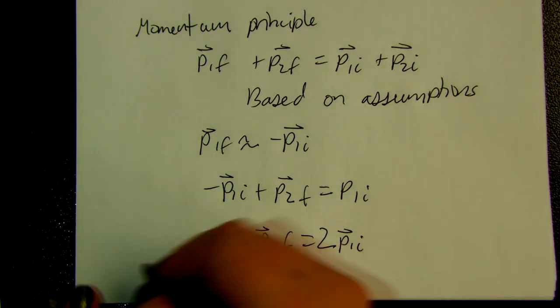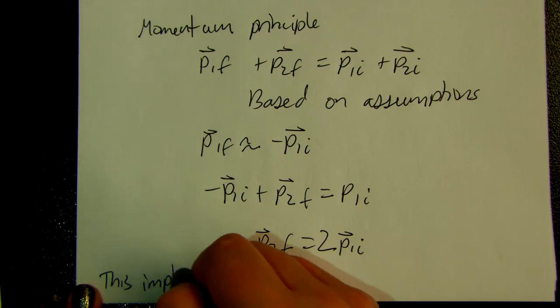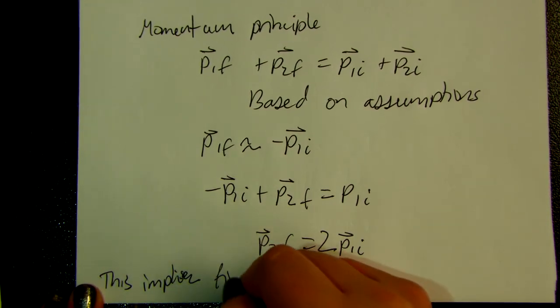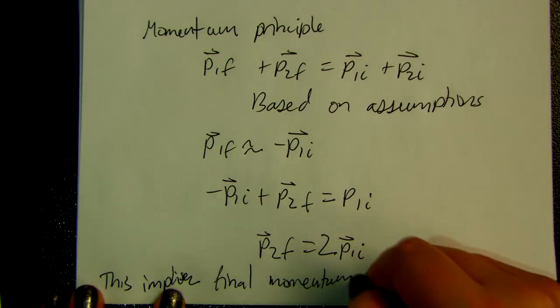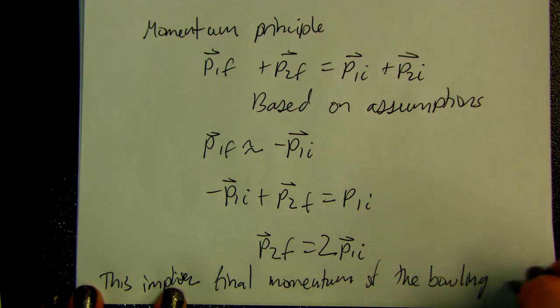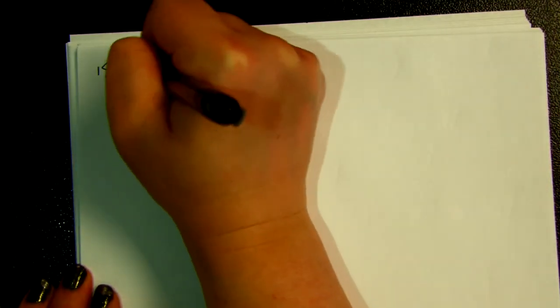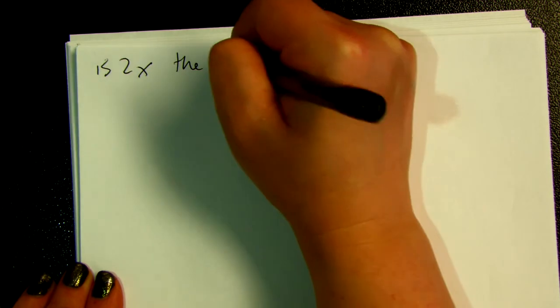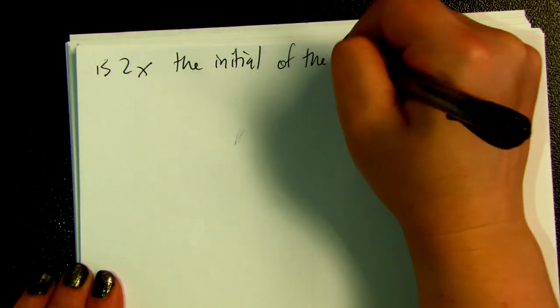So this implies the final momentum of the bowling ball is 2 times the initial of the marble.